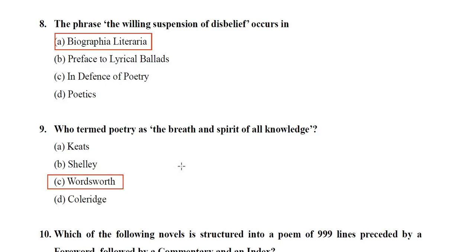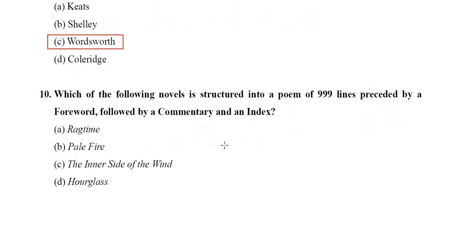to Lyrical Ballads. Next question we have: which of the following novels is structured into a poem of 999 lines, preceded by a foreword, followed by a commentary and an index? So when you see the questions, immediately you get the idea that this work is going to be a postmodern work, because in the postmodern period, postmodern novels, we have so many experimentations.